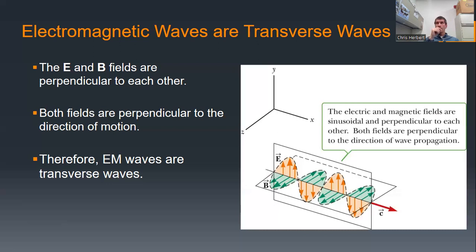It's the curl equations, the last two, that say an oscillating electric field produces a magnetic field. Oscillating magnetic field produces an electric field. Did I do that properly? Oscillating electric produces magnetic. Oscillating magnetic produces electric, and it just keeps repeating itself.